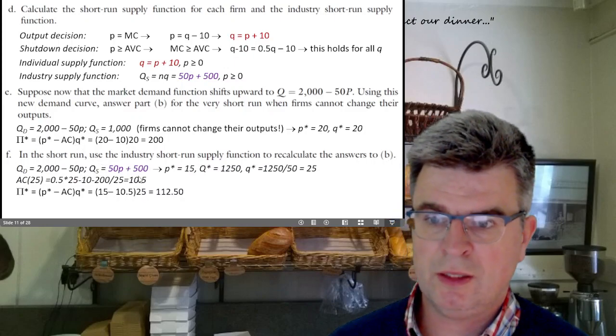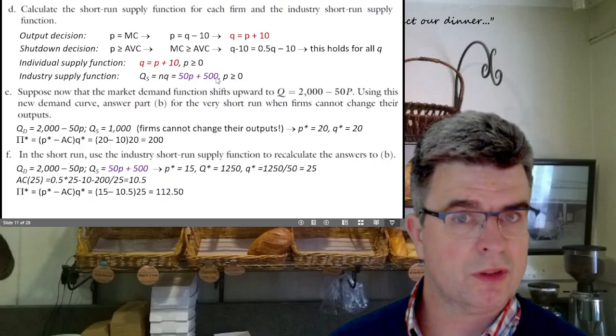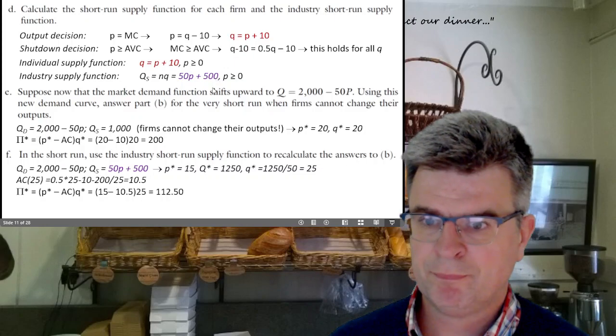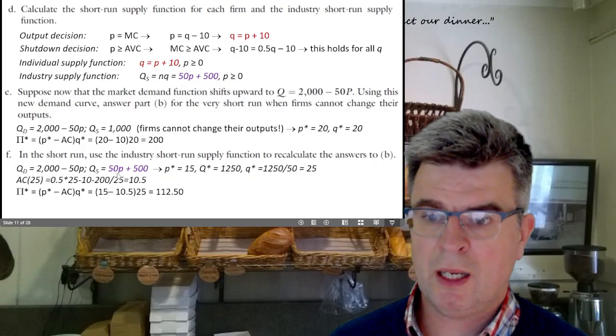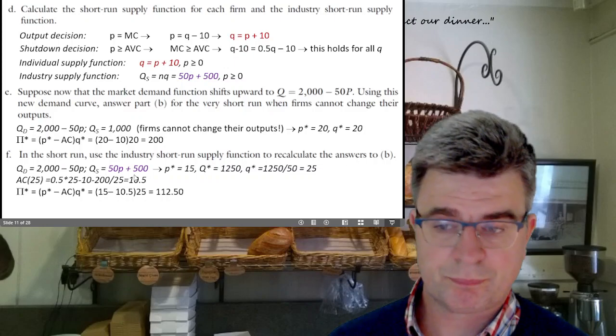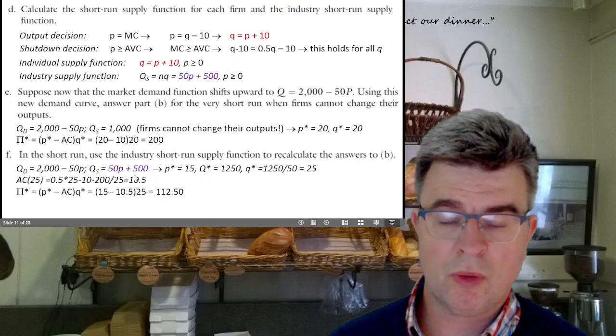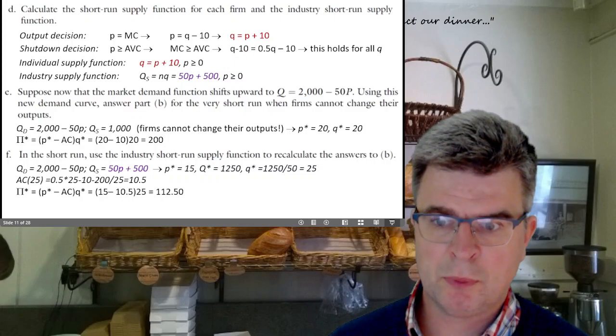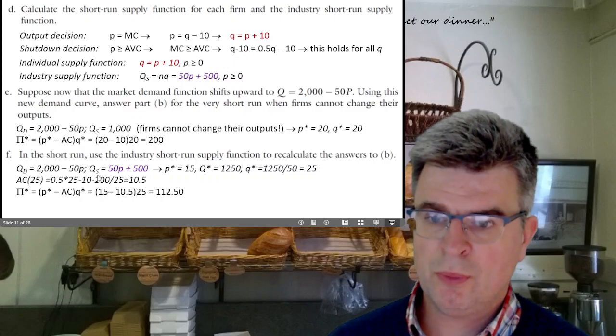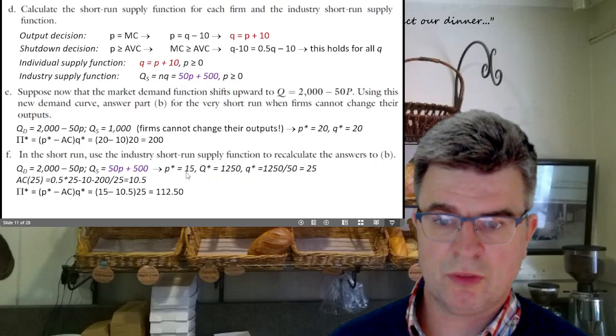We have the supply function 50p plus 500, the same purple one as over here. We equate supply and demand, because now firms are no longer tied to supplying an output of 20 units. If we do that, we reach a new equilibrium price of 15.